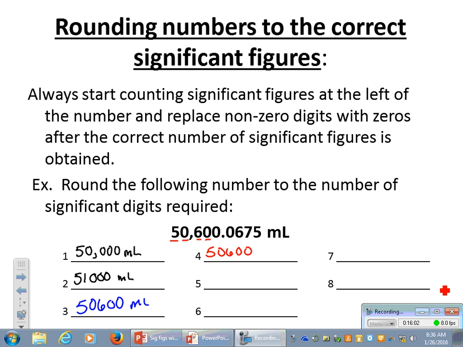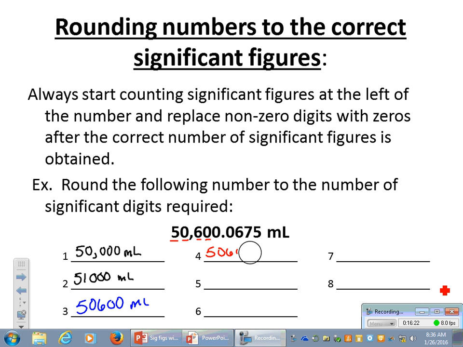Ladies and gentlemen, this is where your, I think, 4th grade mathematics come into play, and we use scientific notation. The only way to express this measurement to the proper number of significant digits based on whatever tool we have that has 4 significant digits is to put this into scientific notation.